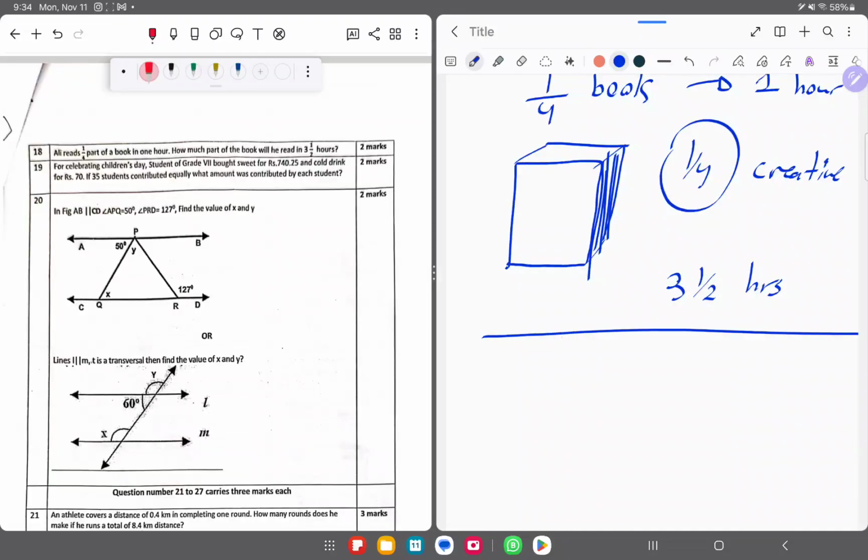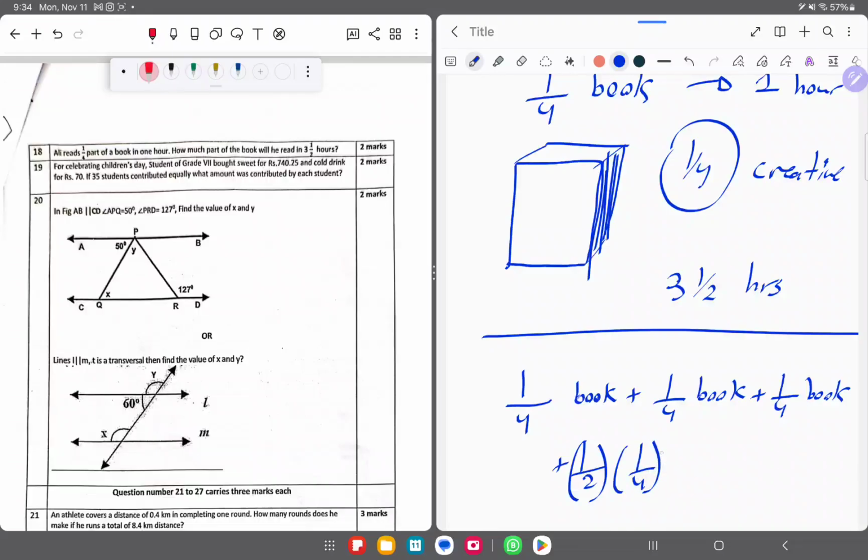Now, I want you to show like 1 over 4 of the book plus 1 over 4 of the book plus 1 over 4 of the book plus half times 1 over 4 of the book. Why? Because this is a half, so I need to put the half and 1 over 4 of the book. I need half of this, so I need half of 1 over 4 of the book.